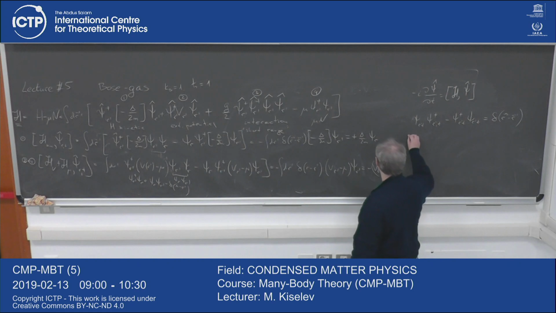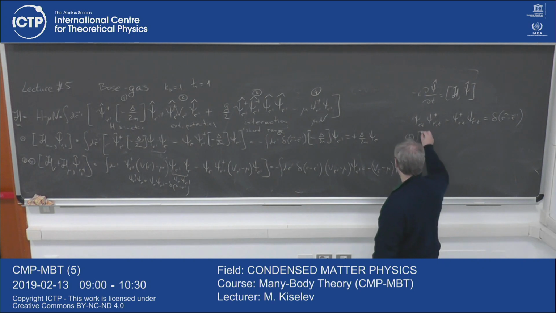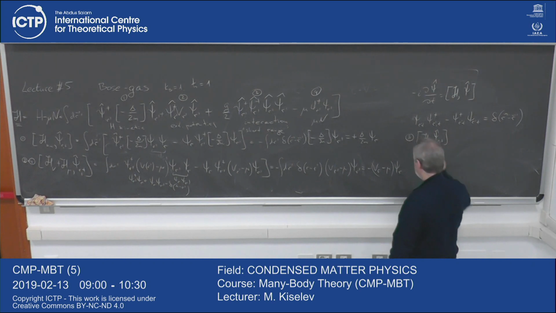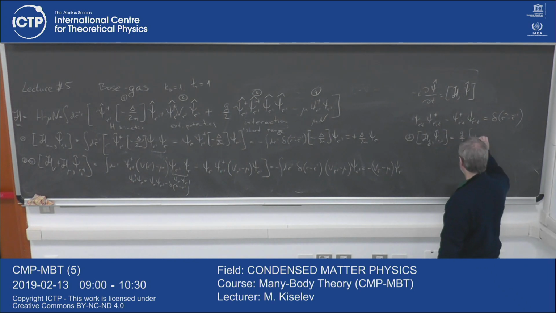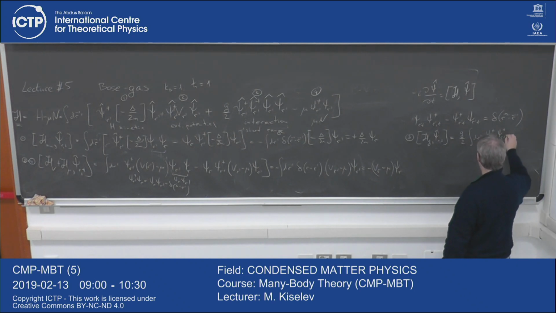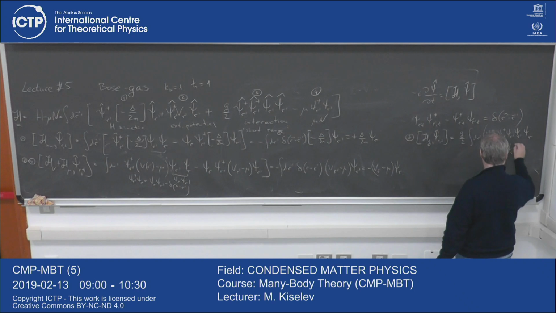Now I am in a position to compute 3. To compute 3, which is the commutator of H g and psi(r,t), and this is the interacting term, this is g over 2 integral over dr prime, and I have psi dagger(r prime) psi dagger(r prime) psi(r prime) psi(r prime) psi(r) minus psi(r) psi dagger(r prime) psi dagger(r prime) psi(r prime) psi(r prime).